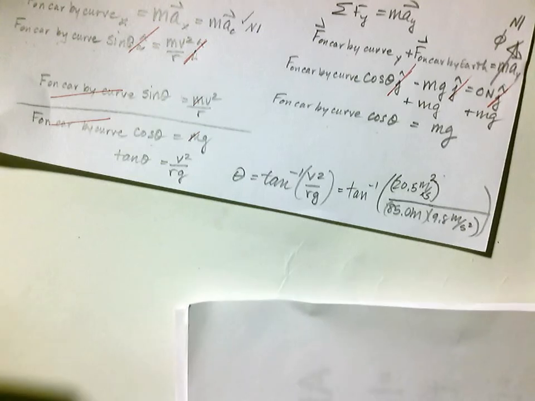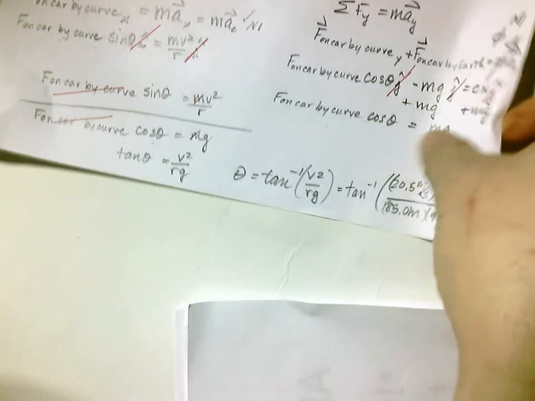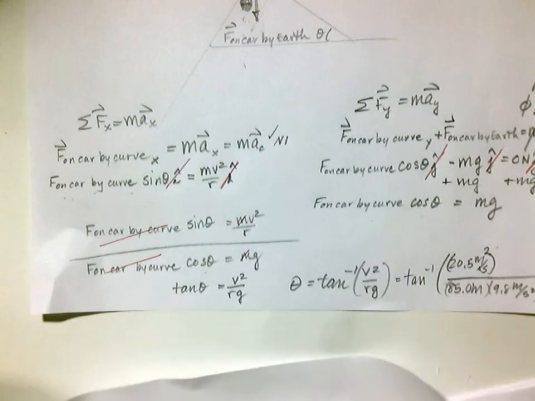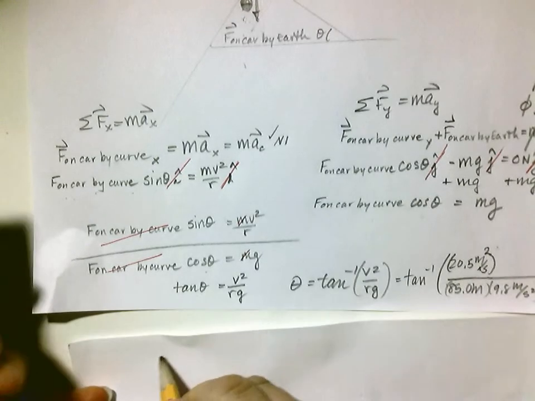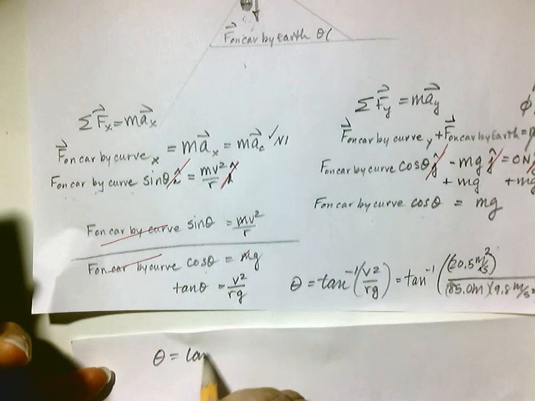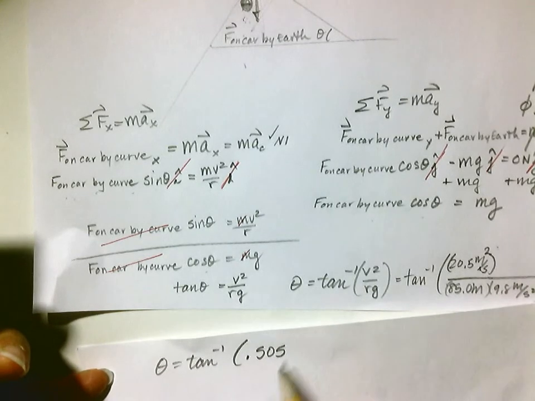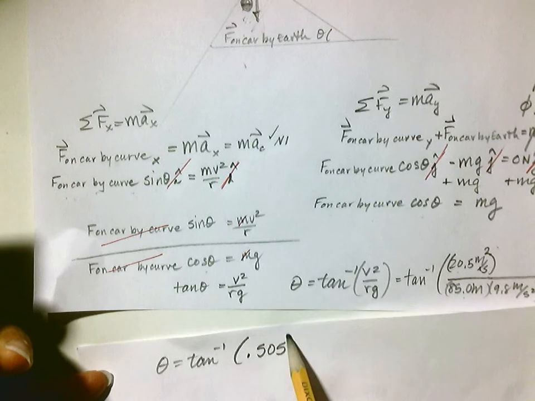Okay, so I have 20.5 squared, and I'm going to divide that by 85 times 9.8. Don't forget your parentheses in your calculator. So that gives me theta is equal to the arctangent of 0.505, 3 sig figs.